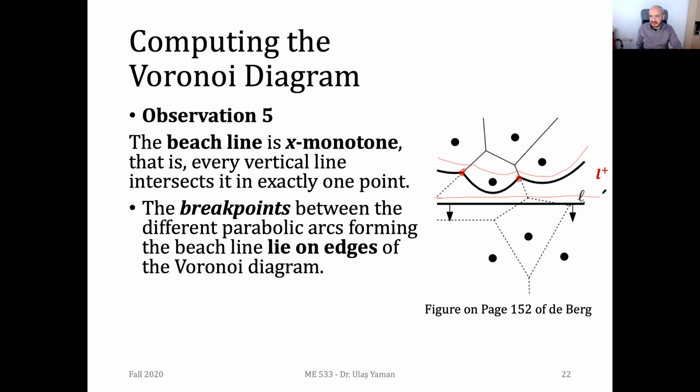This is, let's say, L prime, and this is the resulting beach line for L prime. And here you can see again our breakpoints are on the Voronoi edge, since they are responsible for drawing the edges of the Voronoi diagram. So while we are moving our sweep line downwards, these connection points or the breakpoints are drawing the edges of the Voronoi diagram.